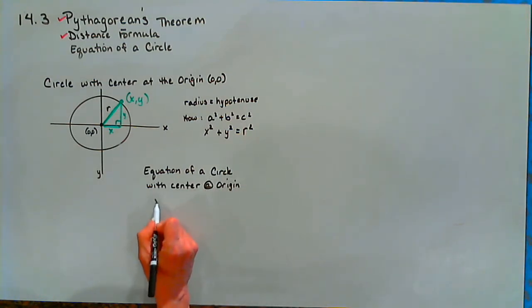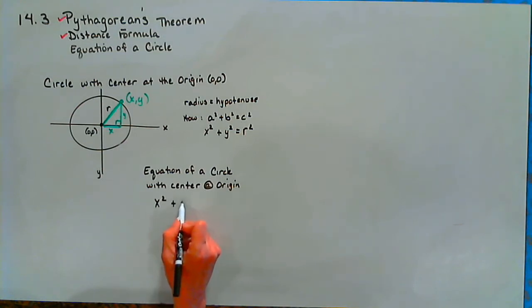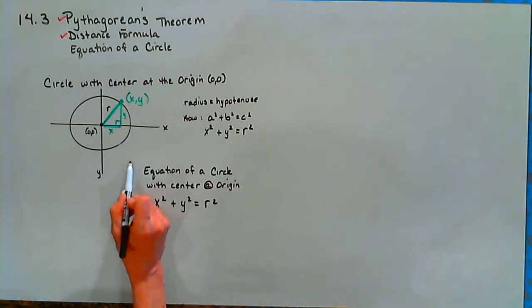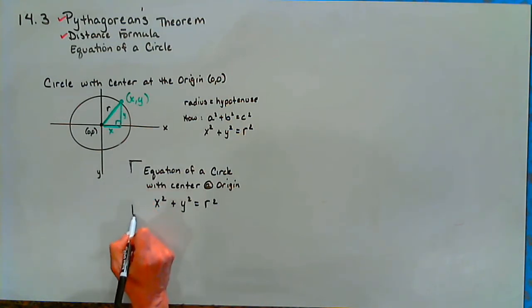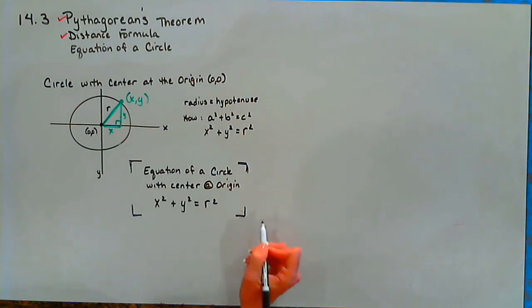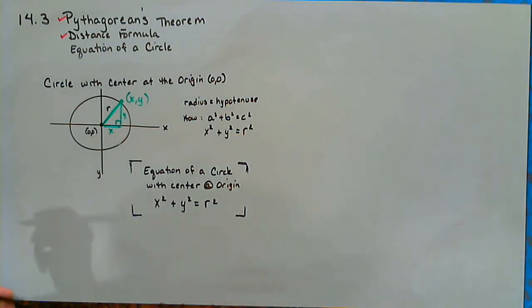And our equation is x squared plus y squared equals the radius squared. And all we did was use the Pythagorean theorem and recognize that the radius was the same as the hypotenuse.